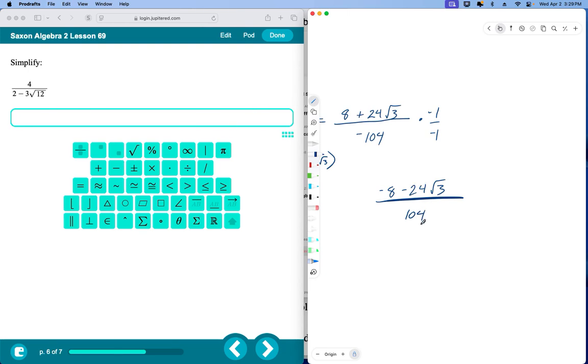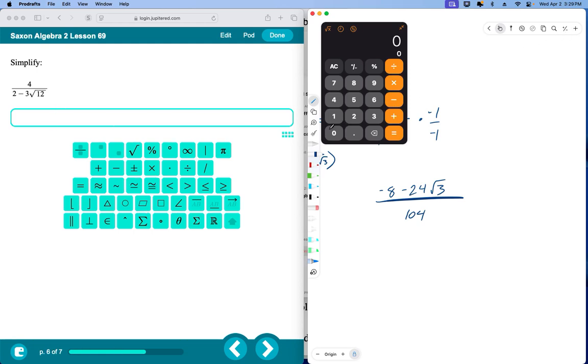And I'm pretty sure that I can divide everything by 8. So let me see if I can do that or not. If I can't divide it by 8, I know I can divide it by 4. So 104 divided by 8. Can I do that? Yes, it gives me 13. So we're going to reduce everything by 8. So it's going to be negative 1 minus 3 times the square root of 3 over 13.